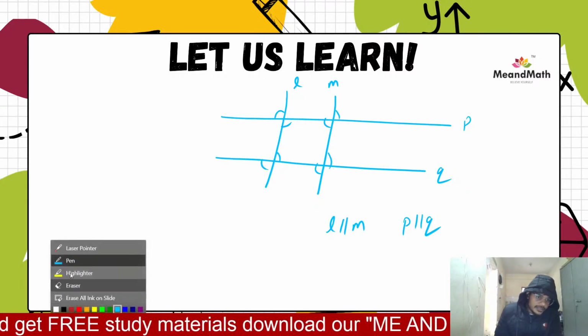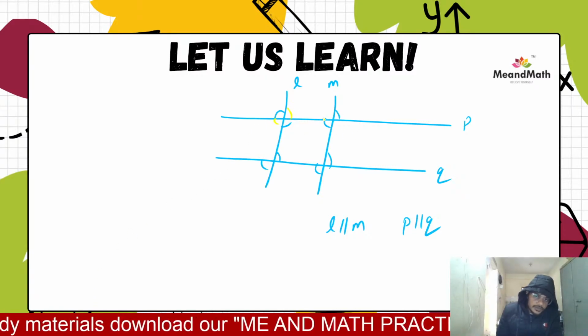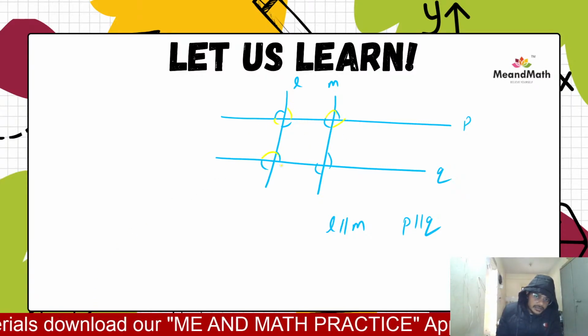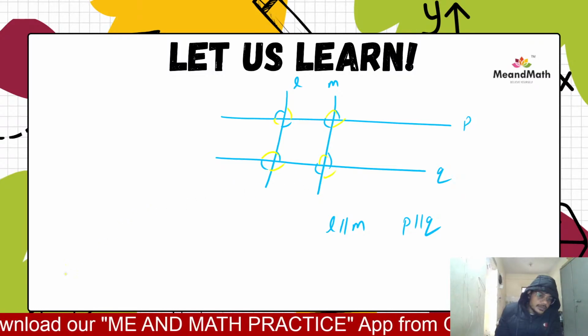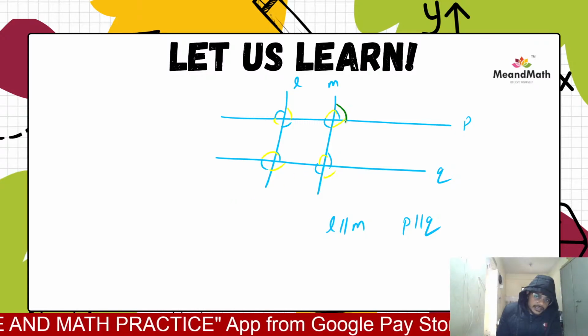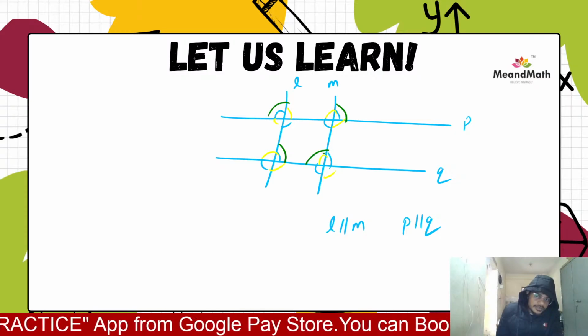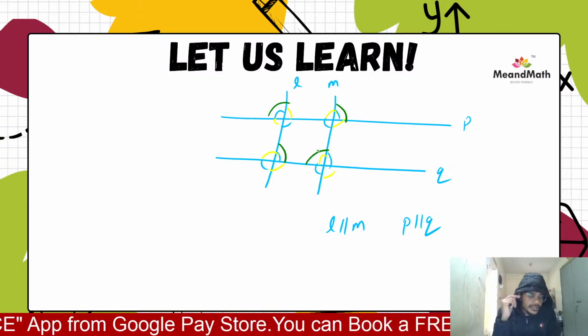Let me change the pen. These are vertically opposite angles. One more thing, beta, this angle should be equal to this angle, and this angle should be equal to this angle. So you can make this pair, right?